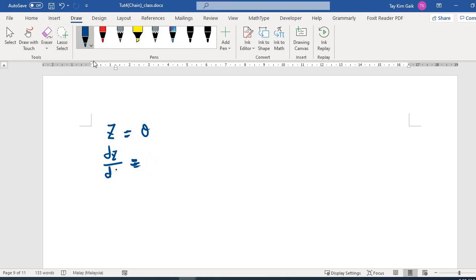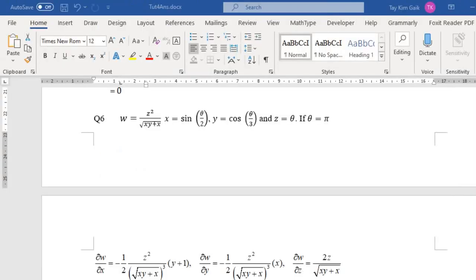So your dz d theta is 1. Right, graphic tablet pen. Okay, time is also almost up. Okay, you can do. I think there is a memory problem.